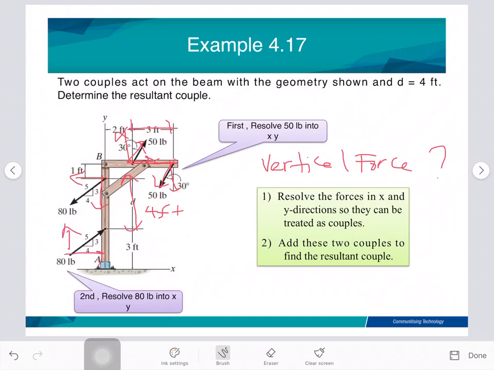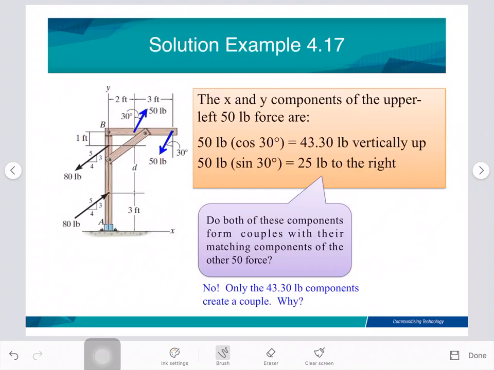Based on this figure and the distance, which force will create moment? We can get the horizontal, right? So here you need to determine the horizontal force value, as usual. So this is the answer.